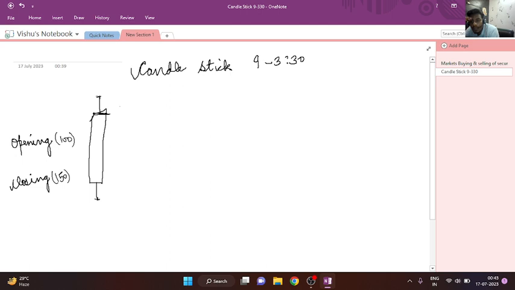This means it goes more than what it has opened, and it goes very down, but then it recovered and came here. When open is at 100, and we say the closing is here, which is 150.